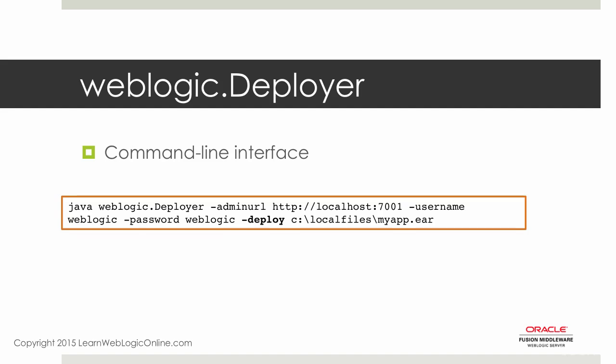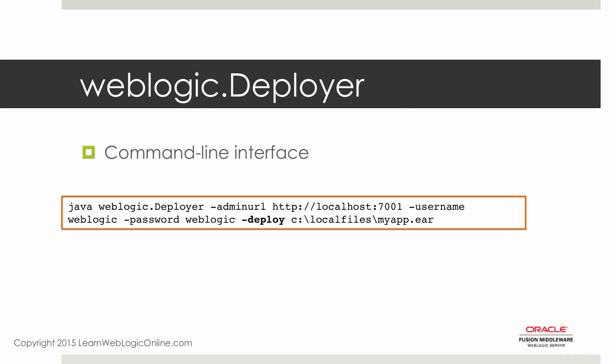So for weblogic.Deployer, this is a Java class that lives in the weblogic.jar file. And if you run the setWLSEnv script or the setDomainEnv script, if you source that, then your class path will be set in order to run weblogic.Deployer. You identify the URL for the admin server.